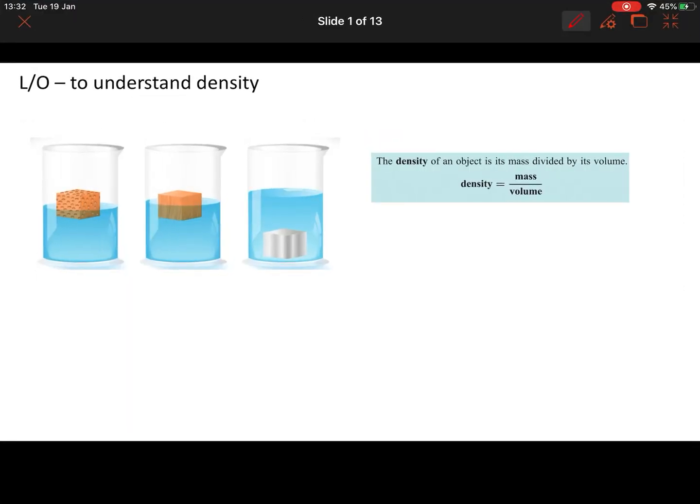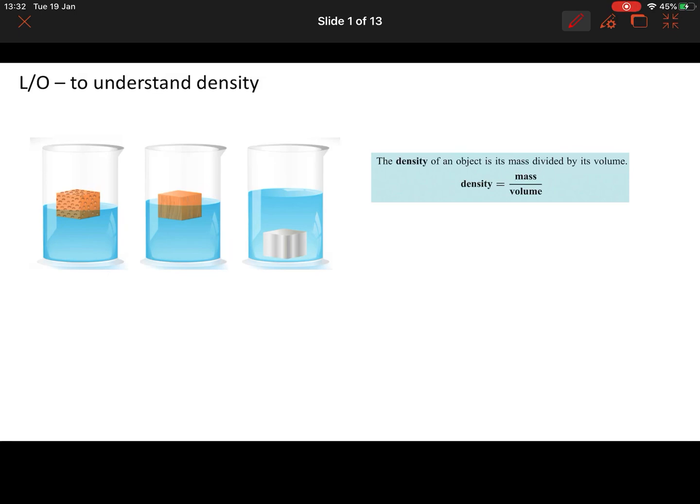We're going to look at the idea of density, which we did look at in year 9, plus you probably understand the concept from your science lessons. So I don't really want to spend too much time on what the idea of density is, but needless to say, it's basically looking at how heavy an object is in relation to the amount of space that it takes up.